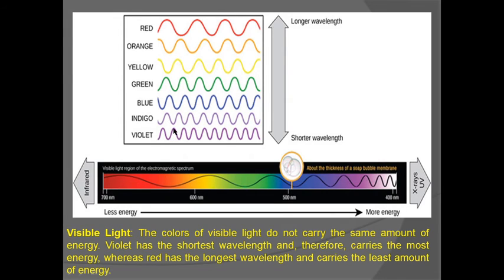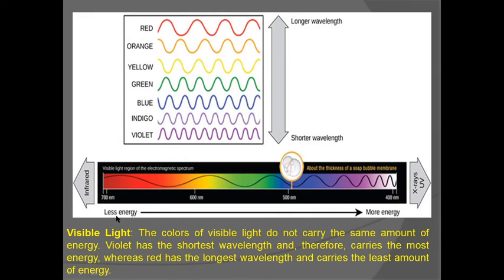Violet has the shorter wavelength, which means it carries more energy. Shorter wavelength carries more energy and longer wavelength carries less energy.